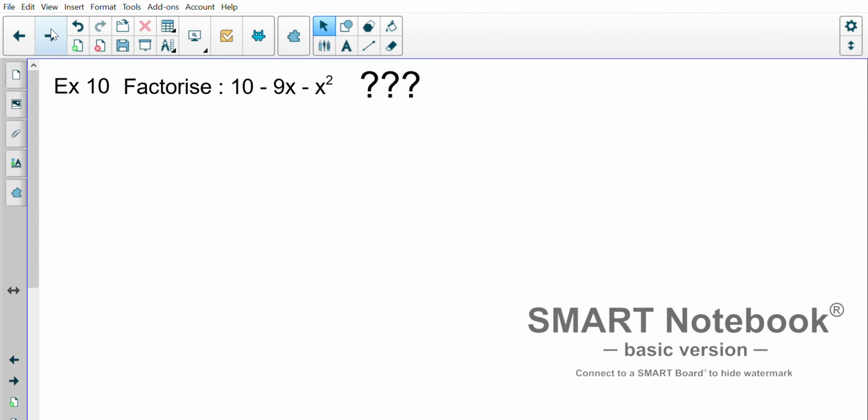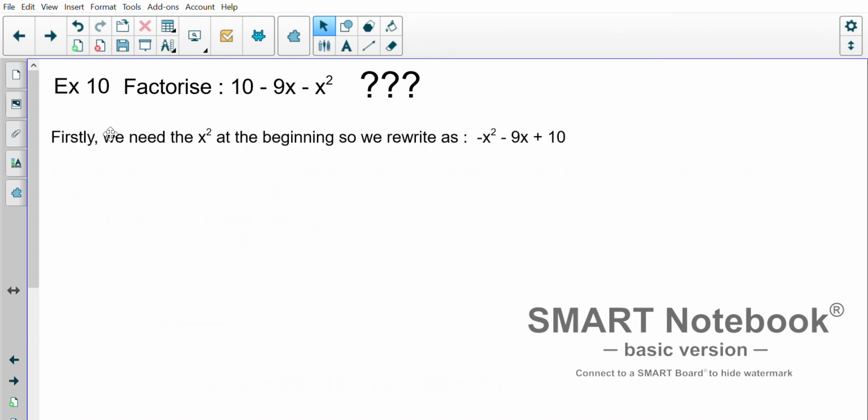What happens then when you get an odd looking one, a strange one? There's a couple of things here that get alarm bells ringing. I've got an x squared at the end instead of at the beginning, and it's also a negative x squared. So we've got a couple of things there that we really would want to sort out.